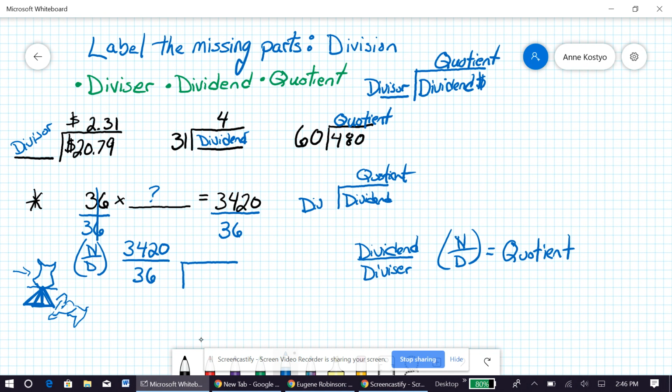I have 3,420, and it needs to fall down because it's on the top. Okay, so now I have this problem written this way. I am looking for the question mark, which is here.